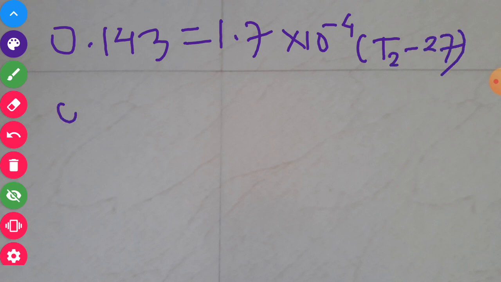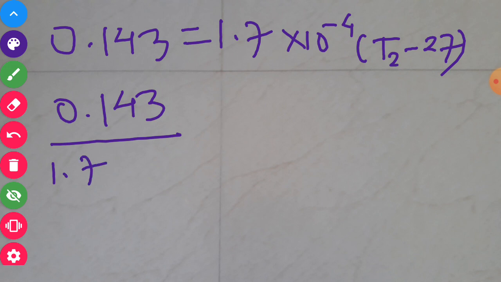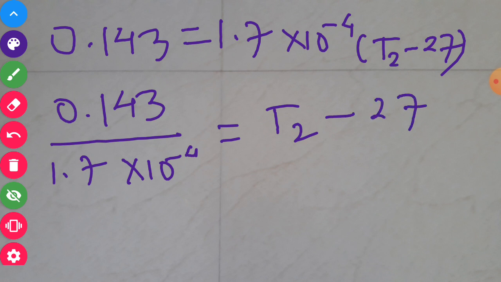Now 0.143 upon 1.7 into 10 raised to minus 4 is equal to T2 minus 27. This you can simplify, and this 27 can be taken on the other side, it must be added.